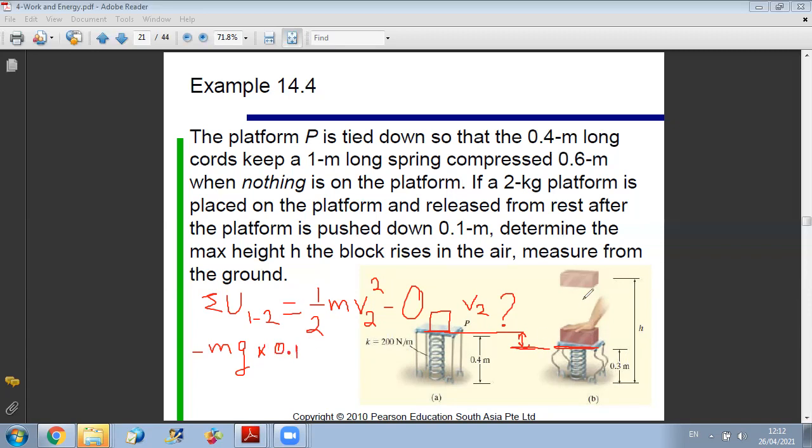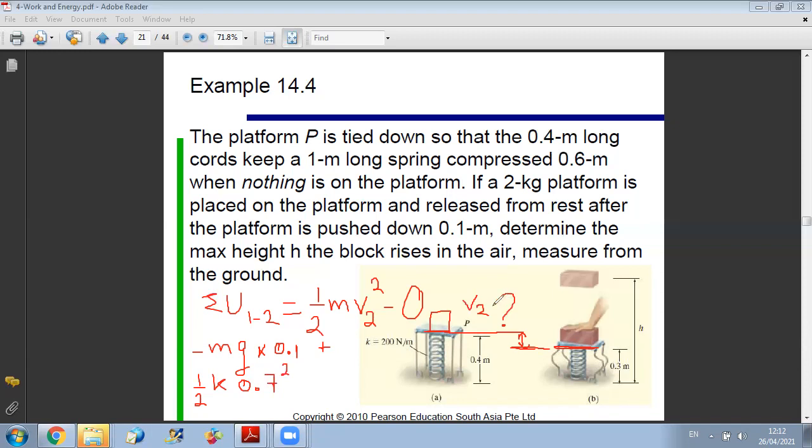Now for the spring force, the work will be plus, at state 1, delta L1 is 0.7, so plus half K times 0.7 square.